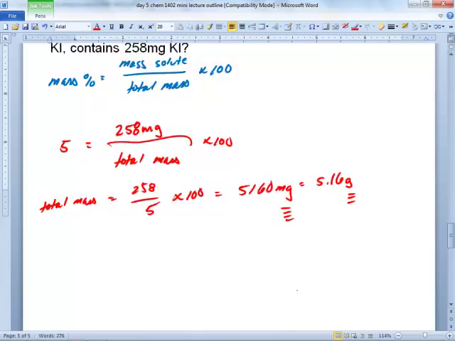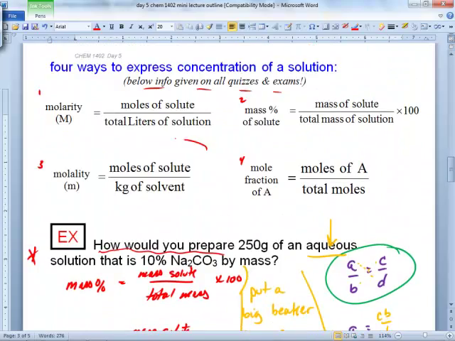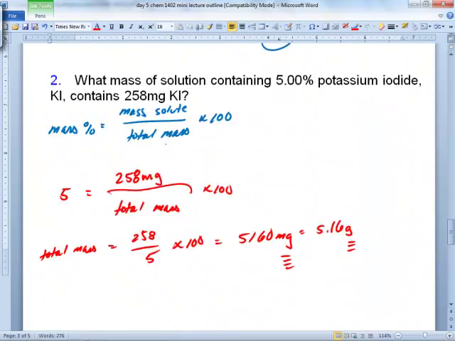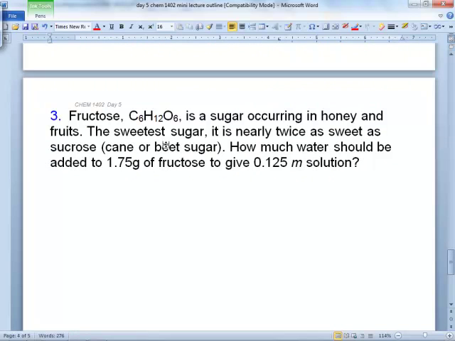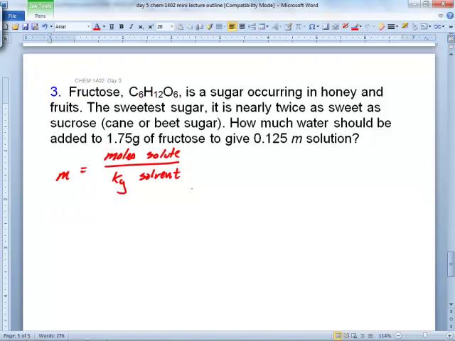Hopefully we are picking the molality, equation number 3, right? Molality is moles of solute over kilograms of solvent. Okay. In this question, I think it would be easier if we didn't use the words solute and solvent.